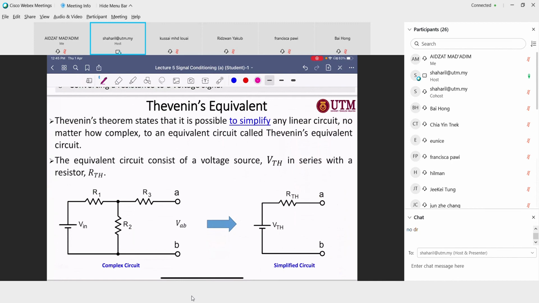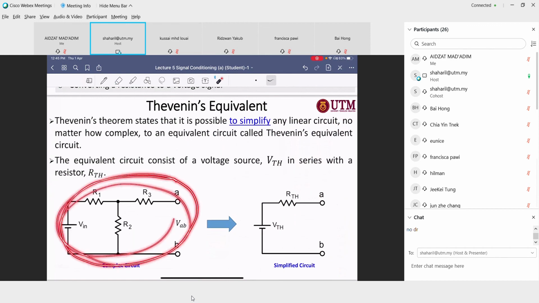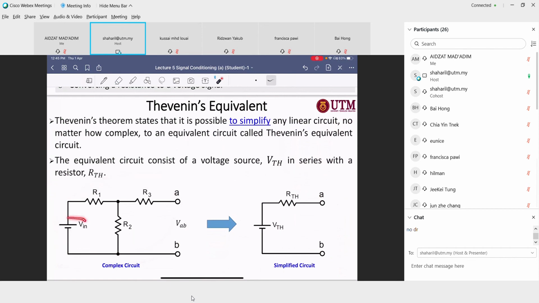Thevenin equivalent comes from a guy named Thevenin, right? He developed a theorem to simplify any linear circuit, no matter how complex it is. For example, let's say this is a complex circuit, which has one supply voltage and three resistors. By using the Thevenin theorem, you can convert it, and you just need one supply voltage and only one resistor.